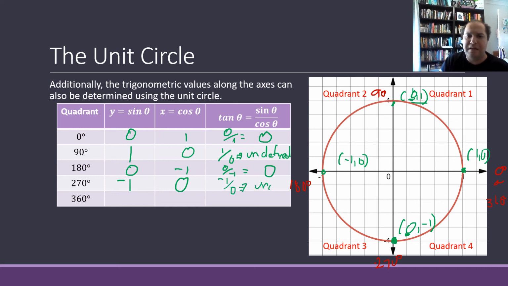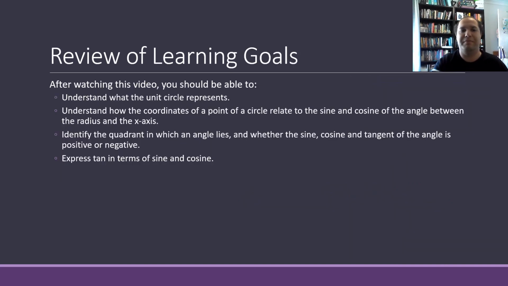Once again, undefined. 360, we get all the way back around to where we started at 0. So that'll be the same as 0 degrees: 0, 1, and 0. And that's how we can use our unit circle again to help us work out the trig values of our multiples of 90 degrees, 0, 90, 180, 270, 360, and so on.